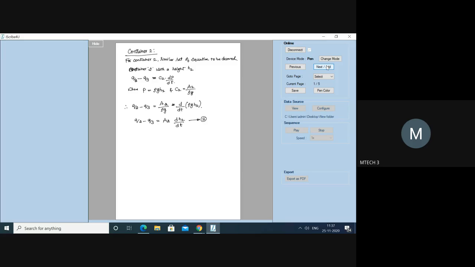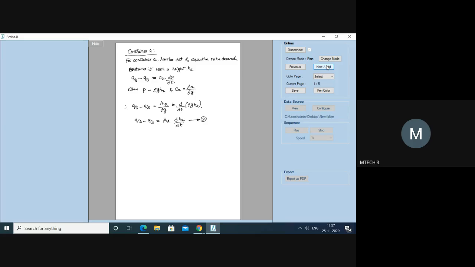Which valve? R2, sir. Good. It leaves the valve R2. Okay, next line.